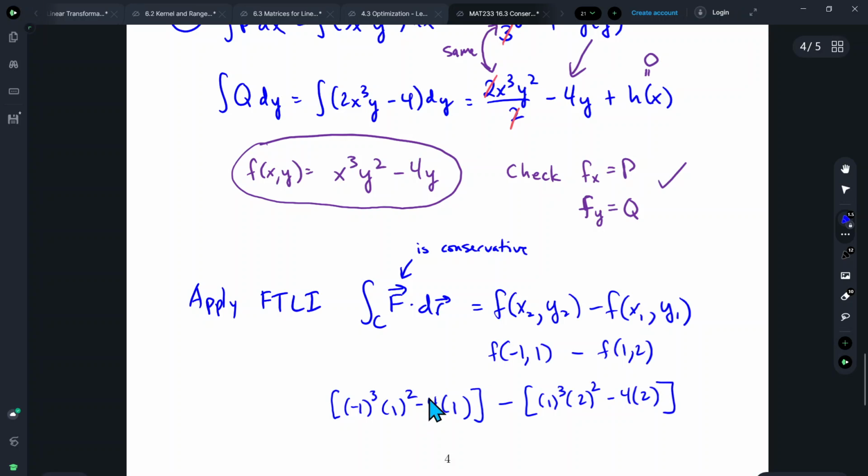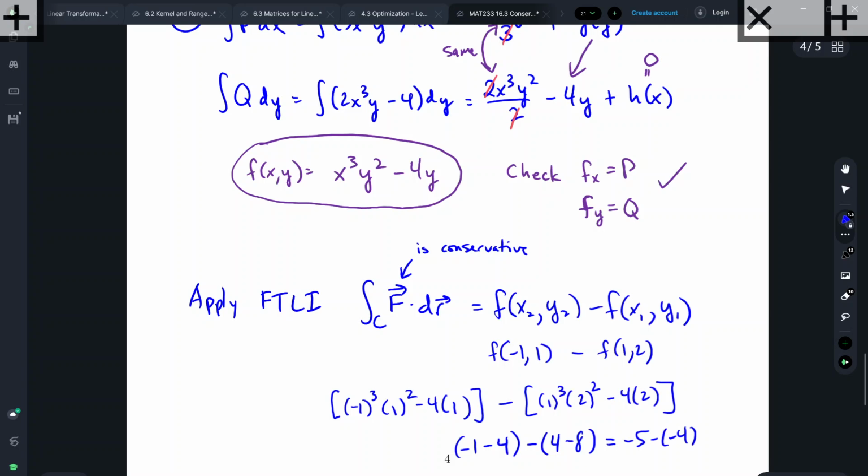What is this? This is negative 1 minus 4, and then 2 squared is 4, 4 times 2 is 8, so this is 4 minus 8. So this is negative 5 minus a negative 4, and that's a plus 4. So this is equal to negative 1.